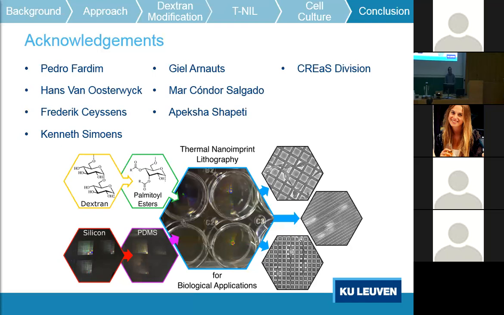There are two external members who are not present today, but who participated in the preliminary events. And then Professor Karin Stana-Kleinscheck from the Graz University of Technology in Austria, and Professor Jolanda van Hengel from the University of Ghent.